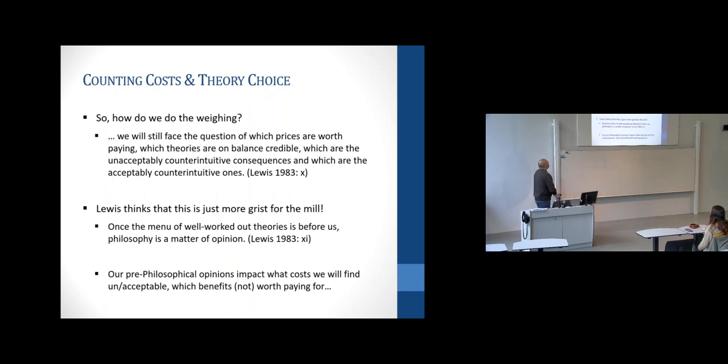Once the menu of well-worked-out theories is before us, philosophy on this view is a matter of opinion. Our pre-theoretical opinions impact what costs we'll find acceptable or unacceptable, which benefits we think are worth paying for or not, and even which ones we take to be deal breakers or not.